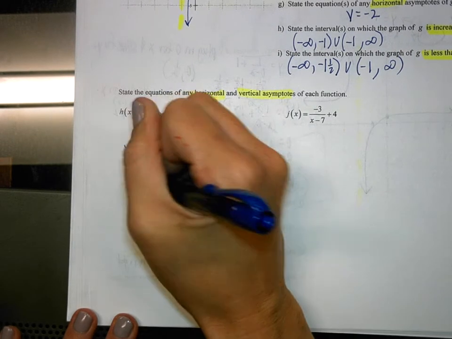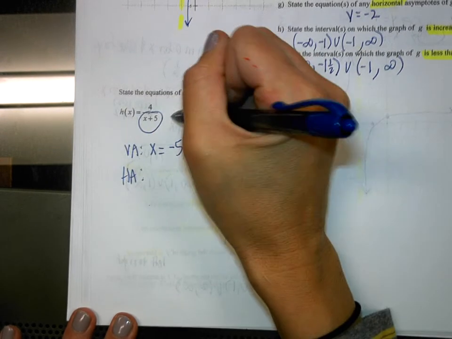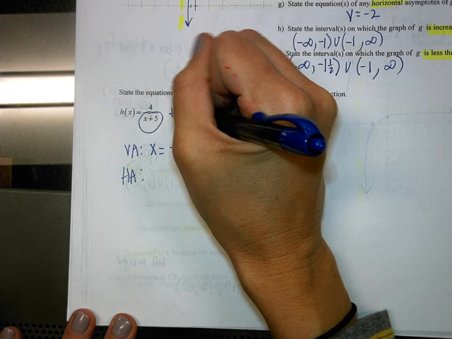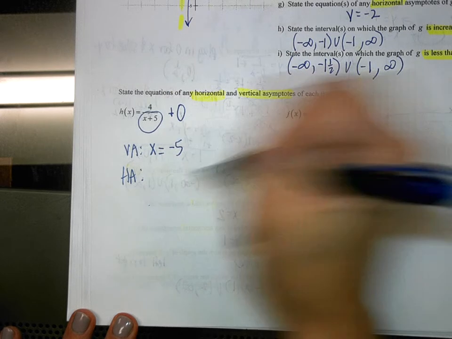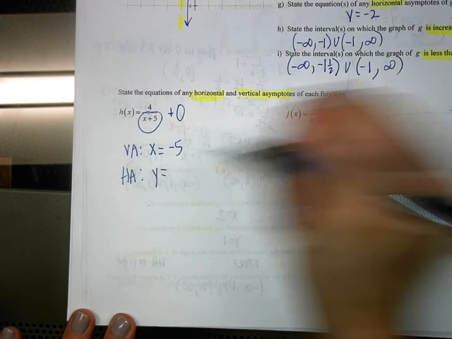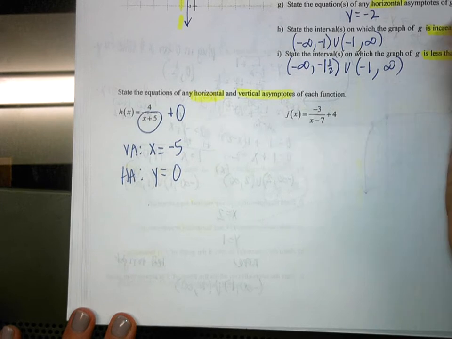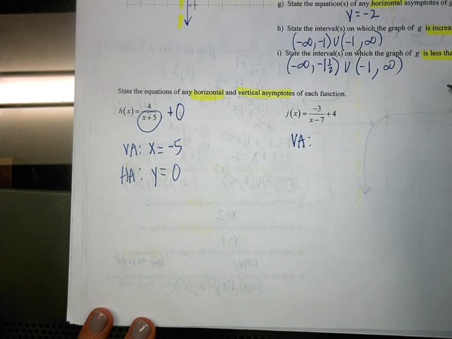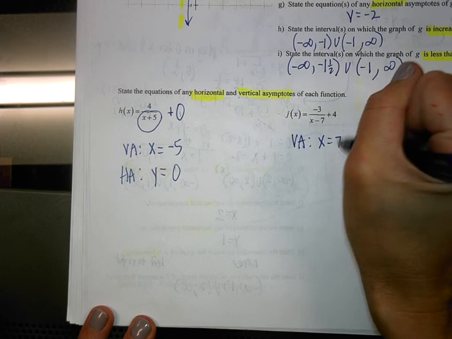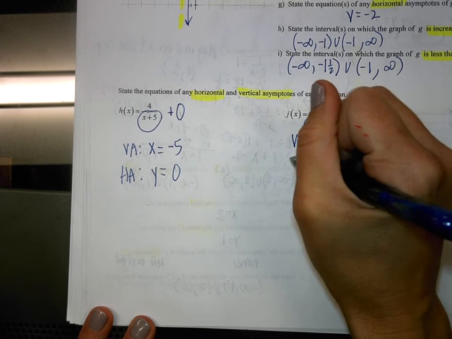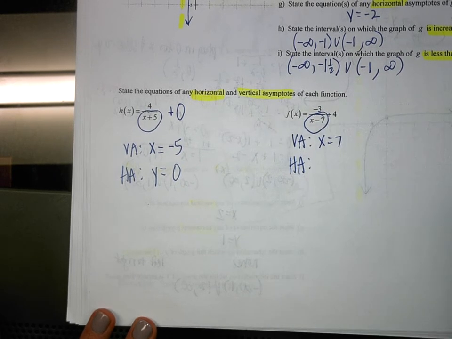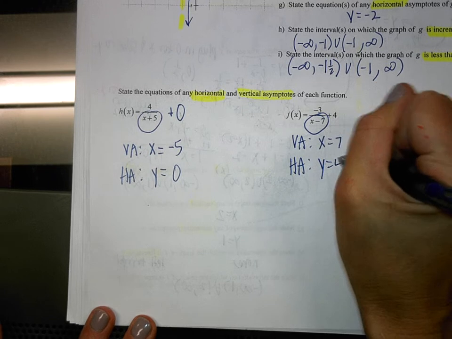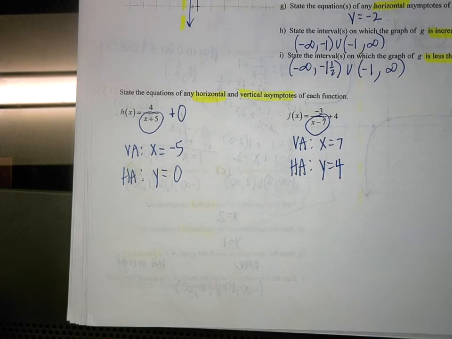My horizontal asymptote, if there's nothing added here, that means it's really adding 0. So that is at y equals 0. Over here, what is my vertical asymptote? 7. X equals 7, because we set that equal to 0. And my horizontal asymptote is at y equals 4. Any questions there? Okay, turning to the next page.